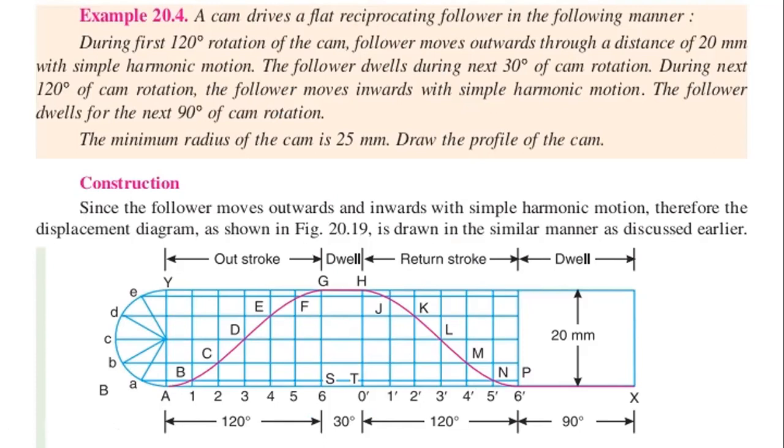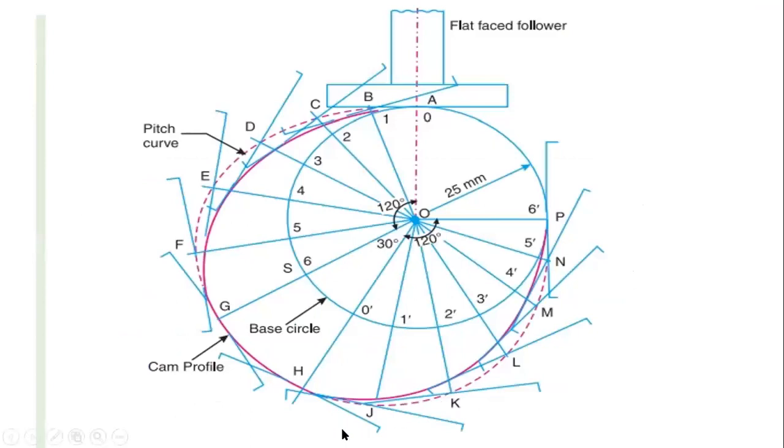After taking these points, we have obtained a curve here. Join this curve with a freehand curve, not using any circumferences.